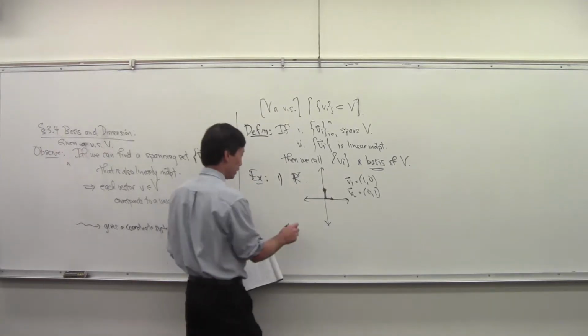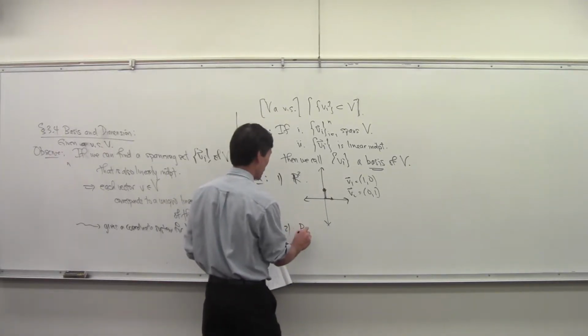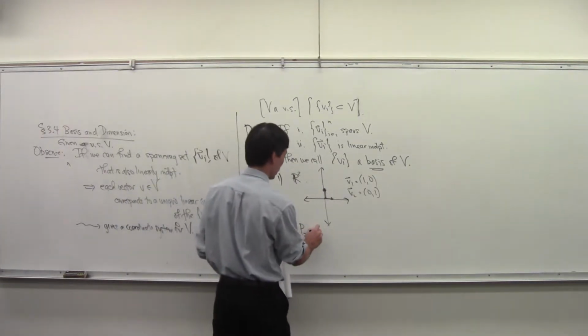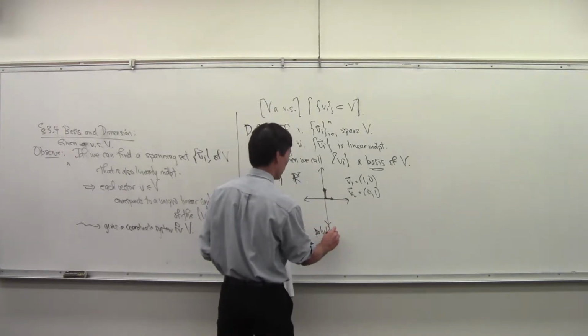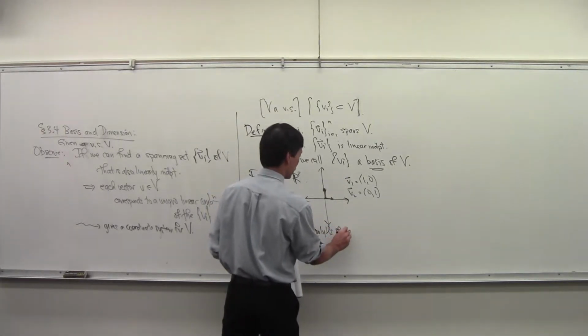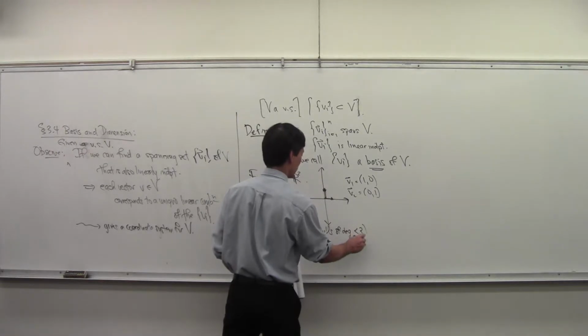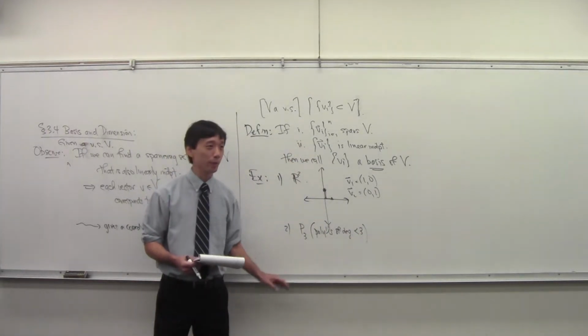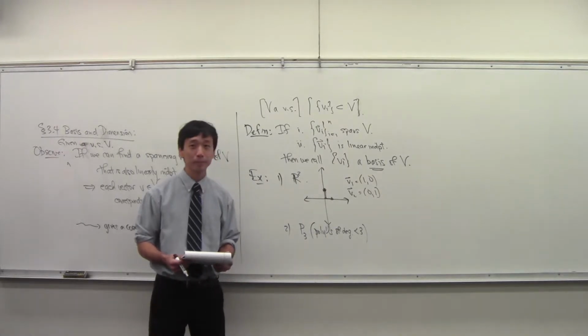If we look at, say, P3, remember P3 is the polynomials of degree less than 3. What's sort of the natural basis for P3?